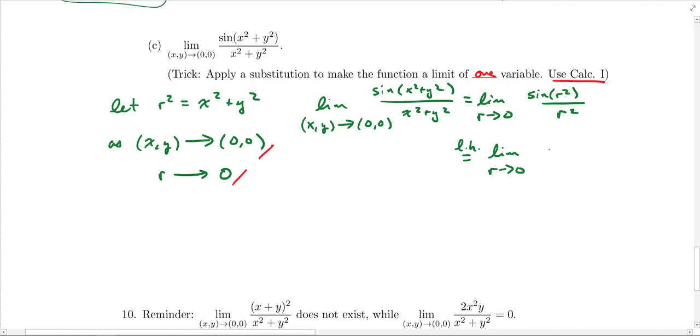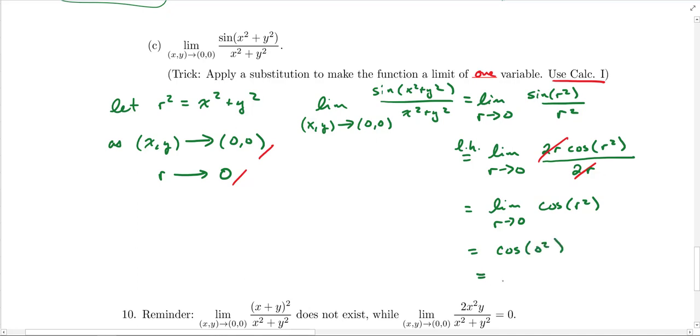The derivative of the numerator is 2r cosine of r squared, all over the derivative of the denominator, which is 2r, and we can cancel those two values. That gives us the limit as r approaches 0 of just the cosine of r squared. This function can be evaluated by direct substitution, and we just get the cosine of 0, which is 1, and that's how that limit evaluates.